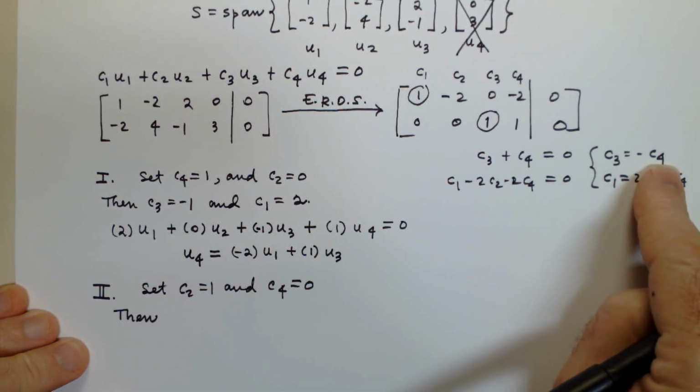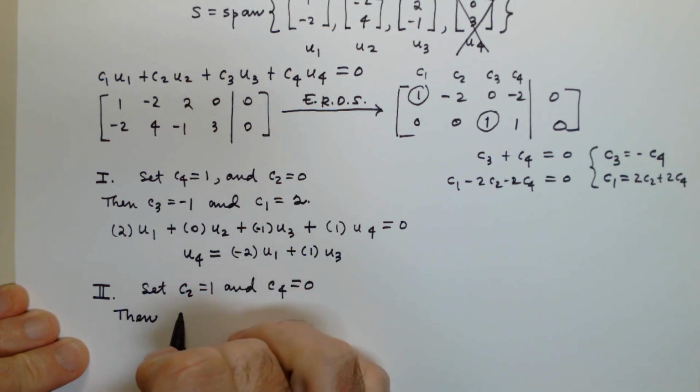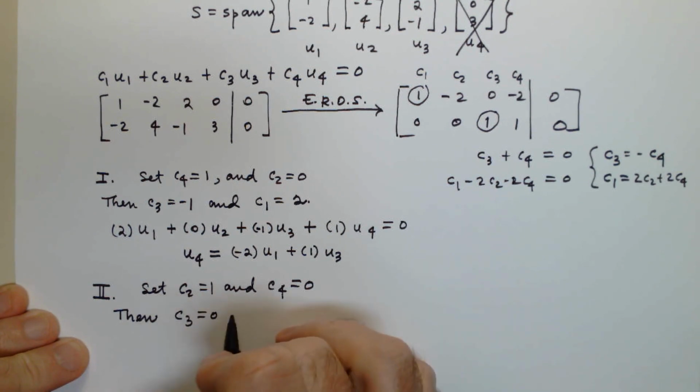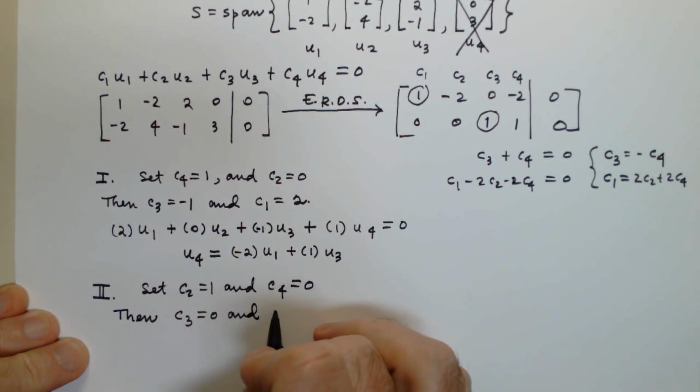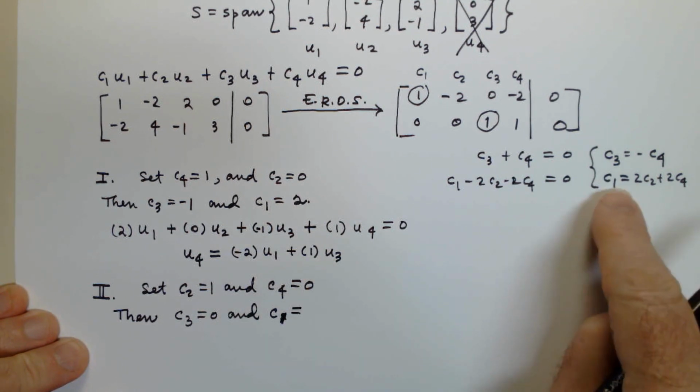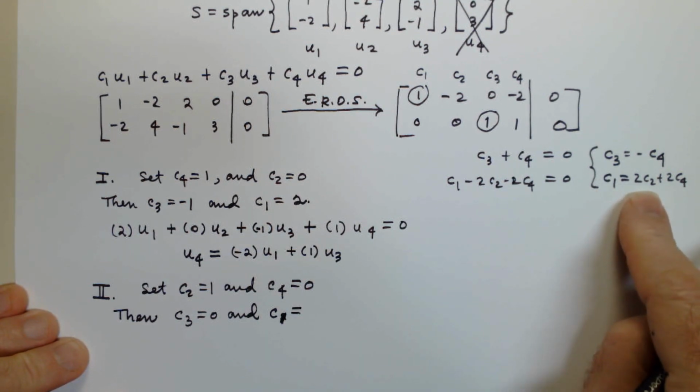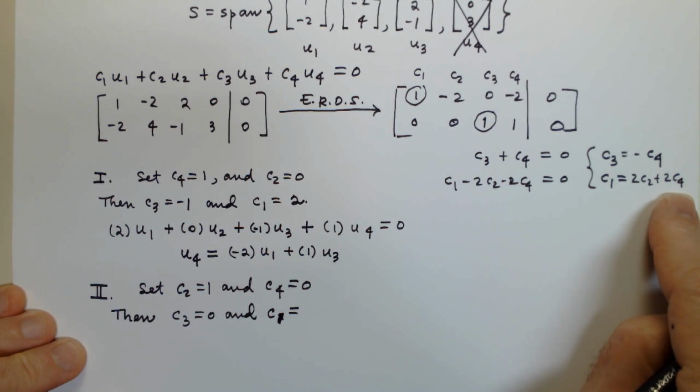Well, C3 is going to be the negative of C4, so that's going to be 0. And C1 is going to be 2 times C2 plus 2 times C4, so that's just going to be 2.